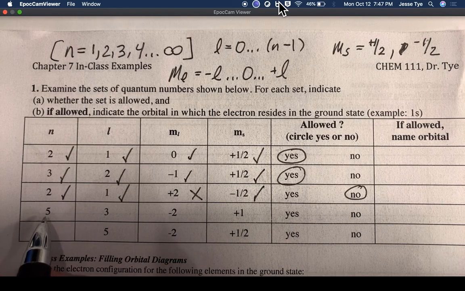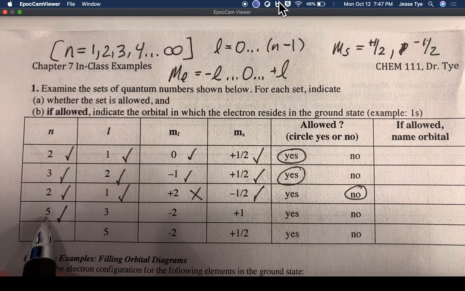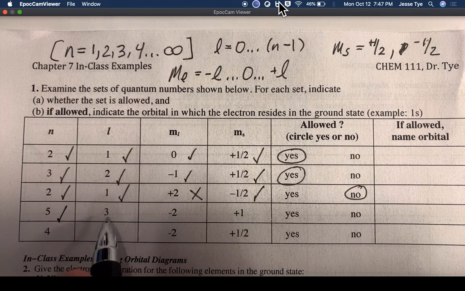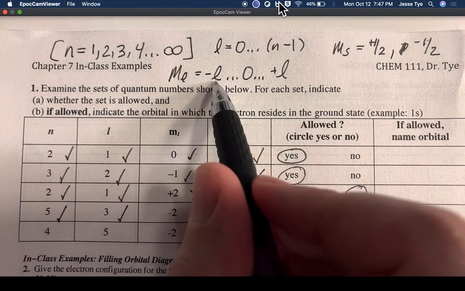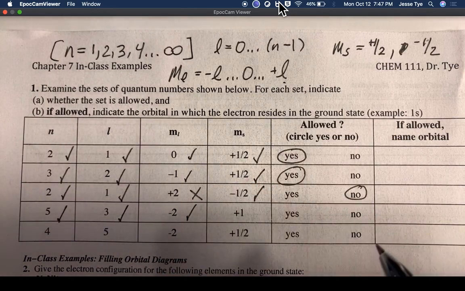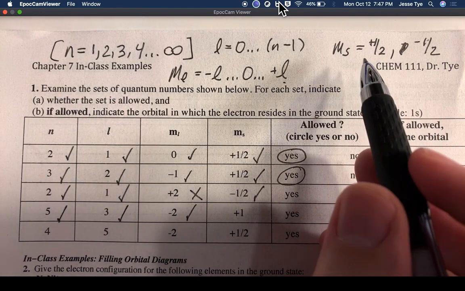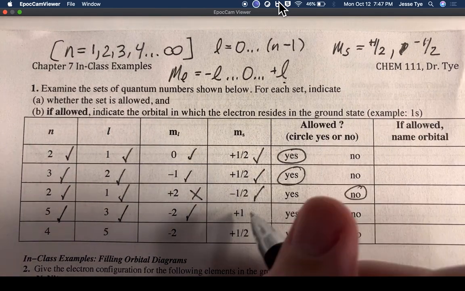All right, now n equals 5, good number. If n is equal to 5, L can go up to 4, so that's a good number. If L is 3, then m sub L will go from minus 3 to plus 3, so minus 2 is a good number. But now we hit a snag here, so m sub s can only have values of plus 1/2 or minus 1/2.